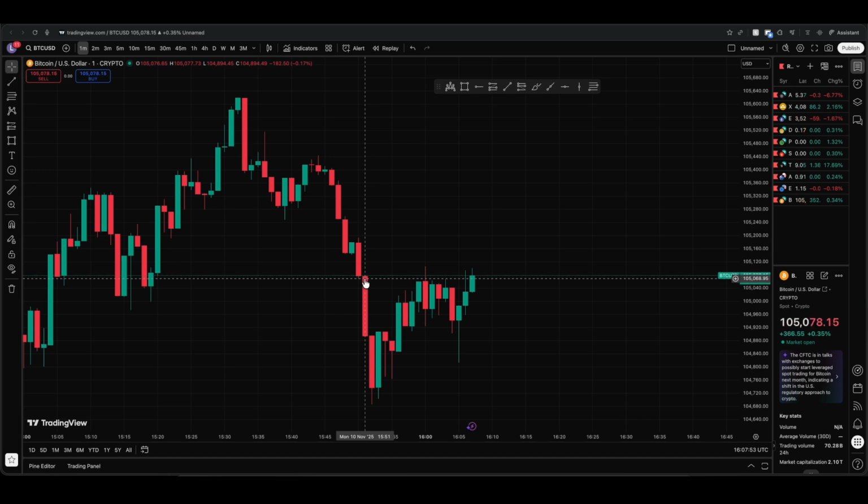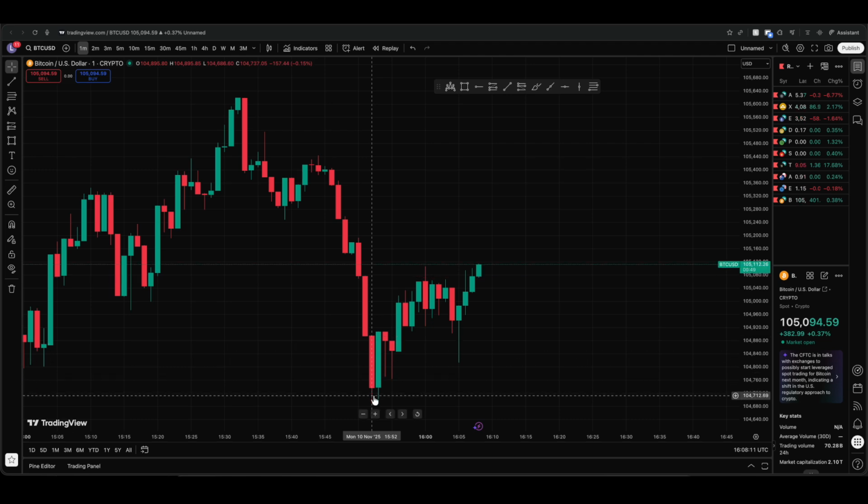The buyers were not in control and the sellers had the power, so they pushed the price down to here. And after that candle, you can see another candle which moved the price way lower. So that's how you can read the candles.